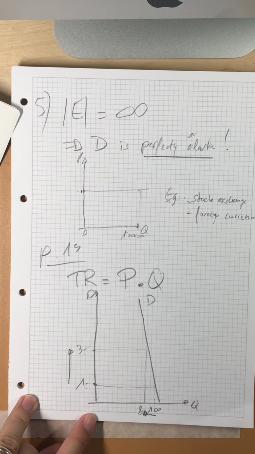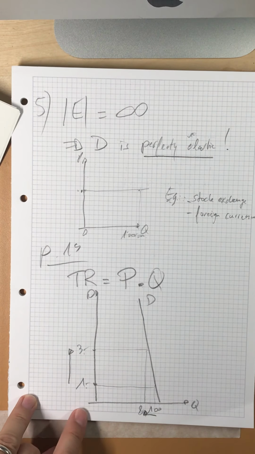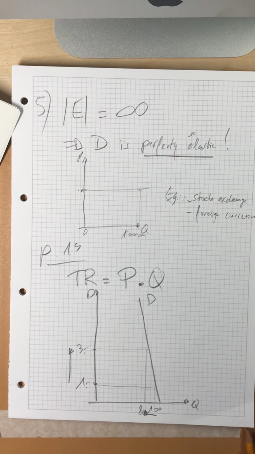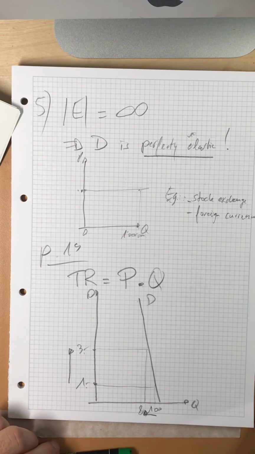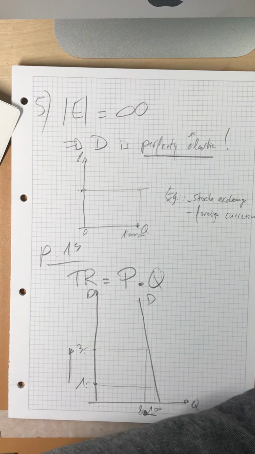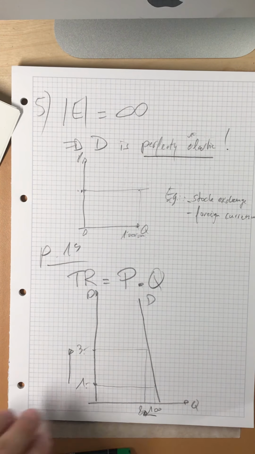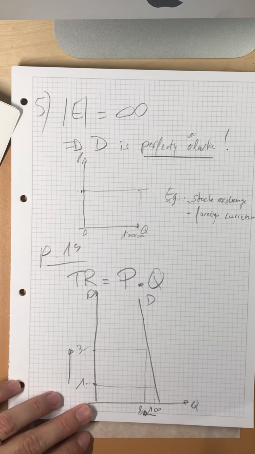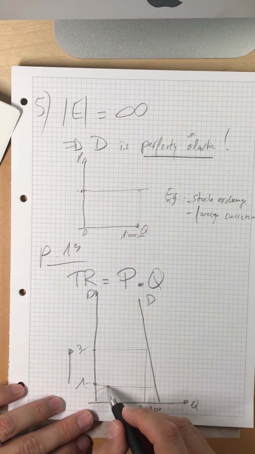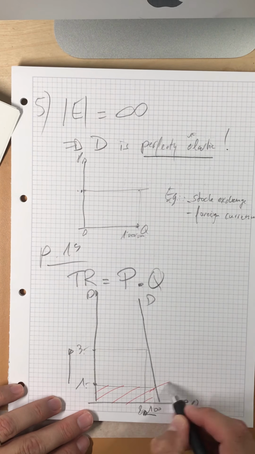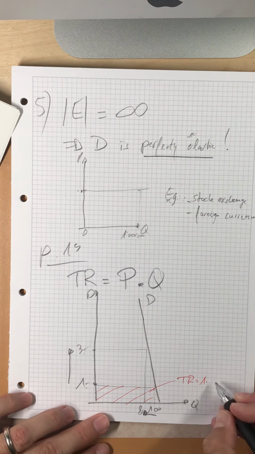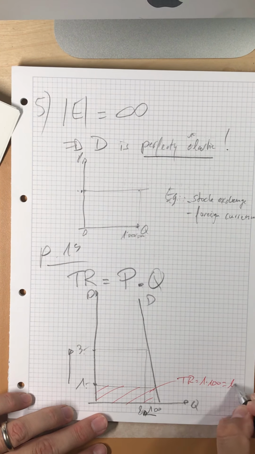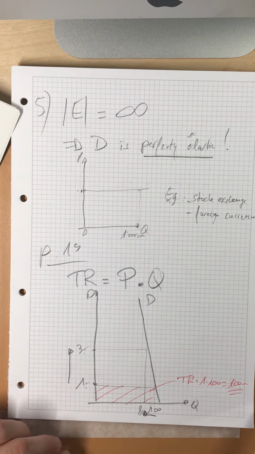So in the first case, I will take a red pencil, sorry about this. So the total revenue of the first situation is this. Total revenue is P times Q. 1 times 100 is equal to 100 francs.